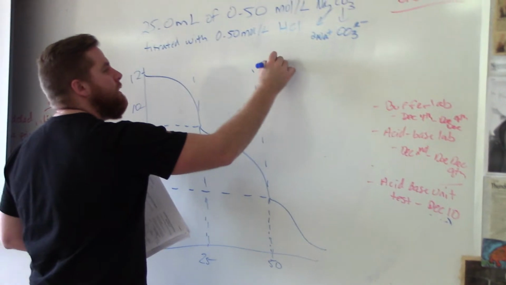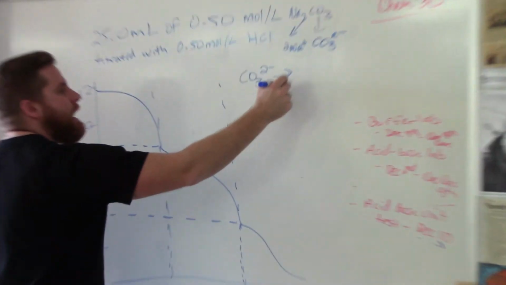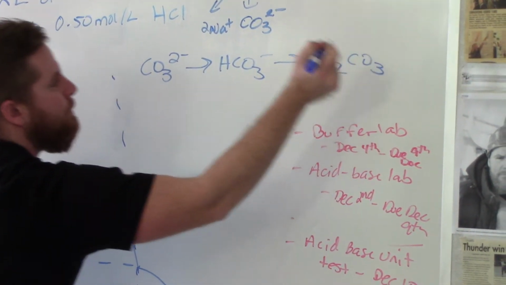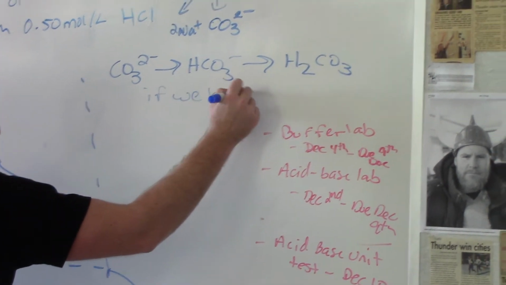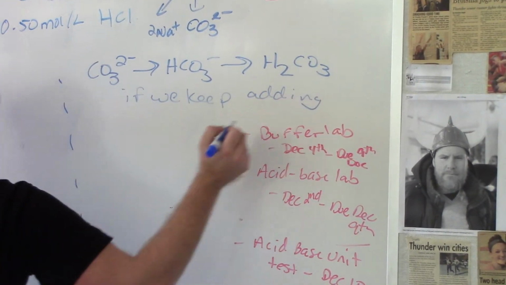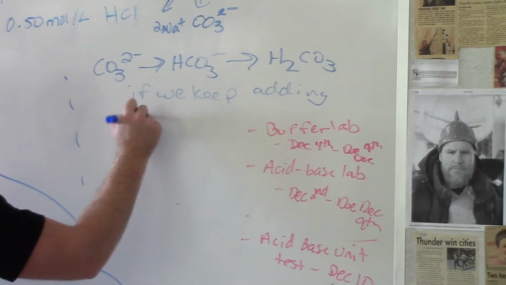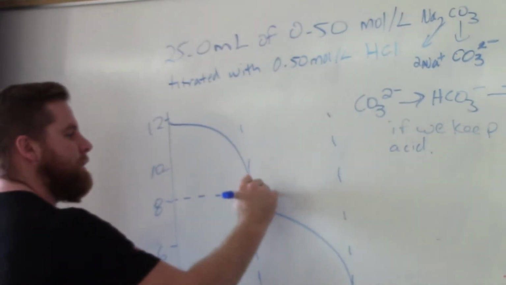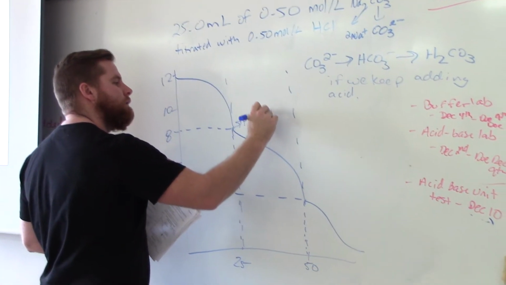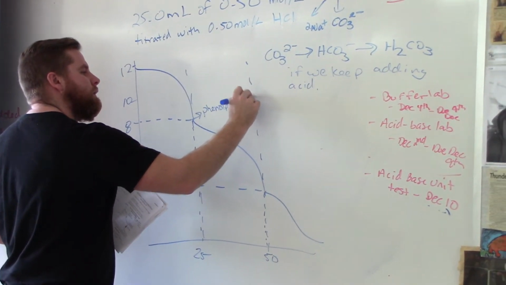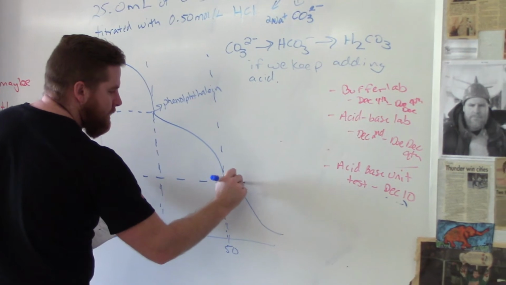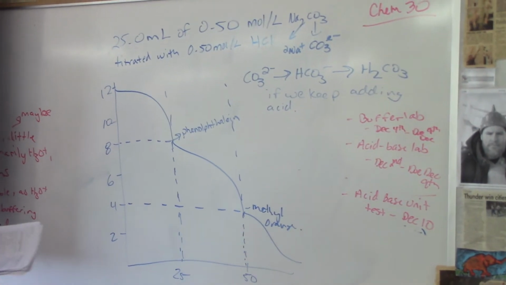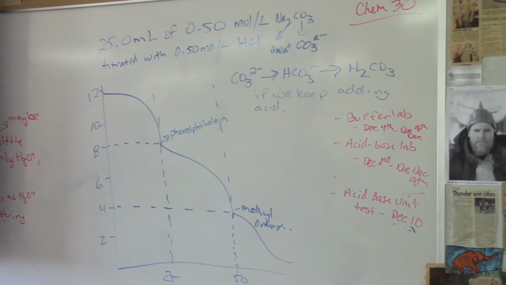The CO3 2- can take on a hydrogen to become HCO3-, and then can also become H2CO3 if we keep adding acid. I would use something like phenolphthalein here, and then if I look on my indicator chart, I would use something like methyl orange to figure out when I'm at each endpoint.